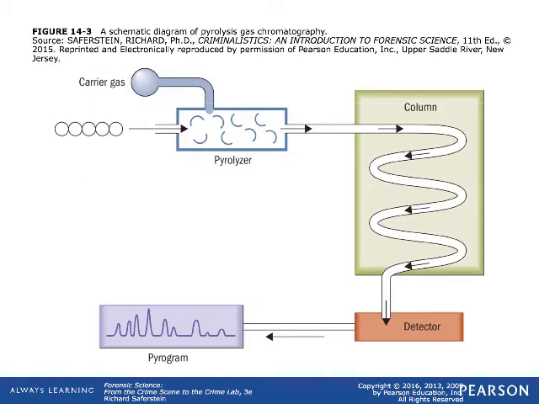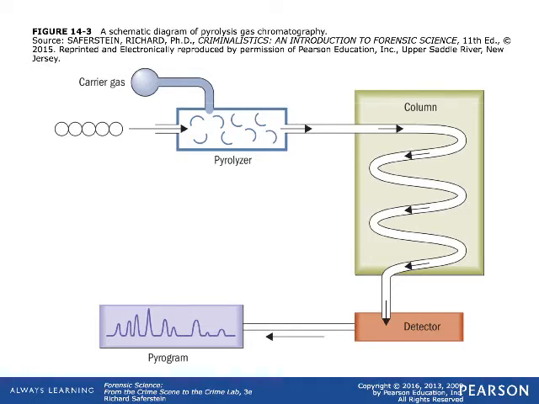So I have a schematic diagram that explains how pyrolysis GC kind of works. The idea is that you're going to inject the paint sample into a thing called the pyrolyzer, and that's going to burn the paint up, okay?